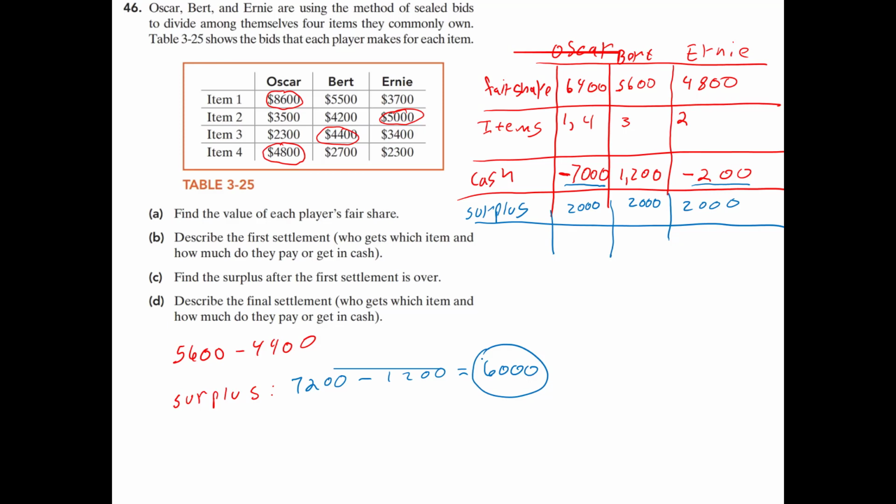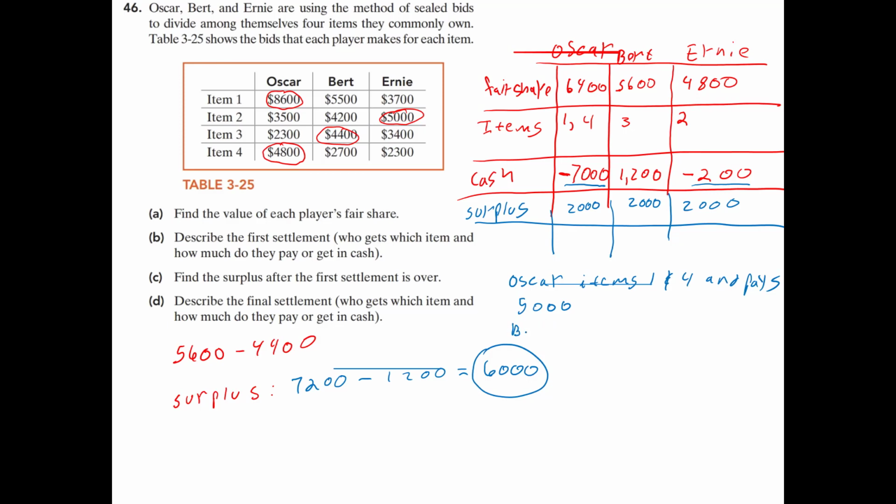So Oscar gets items 1 and 4 and pays. He originally paid 7,000, but he gets 2,000 back, so he has to pay $5,000 for it.